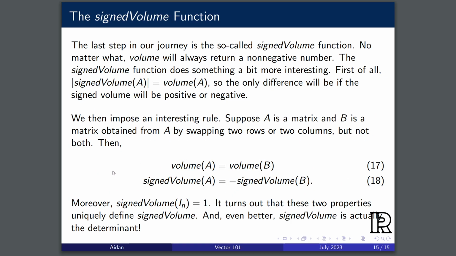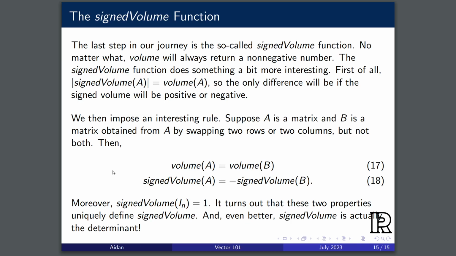The last step in our journey is the so-called signed volume function. So far, volume has always been positive, right? Volume is a positive number, or at least non-negative. But it turns out that we really actually care more about this notion of signed volume.